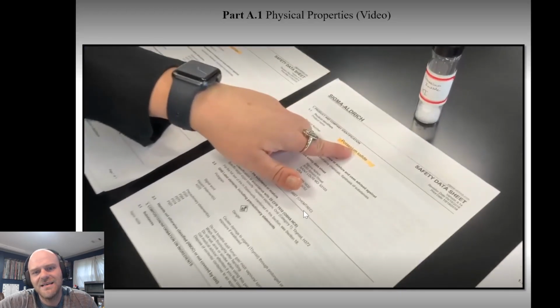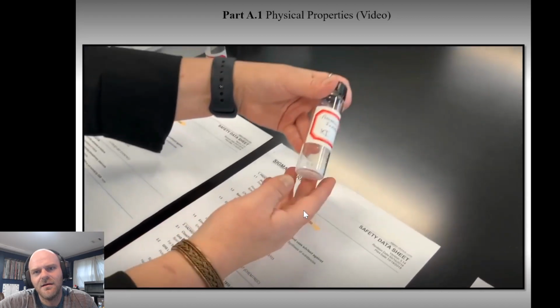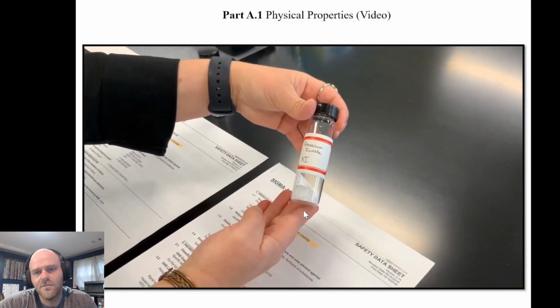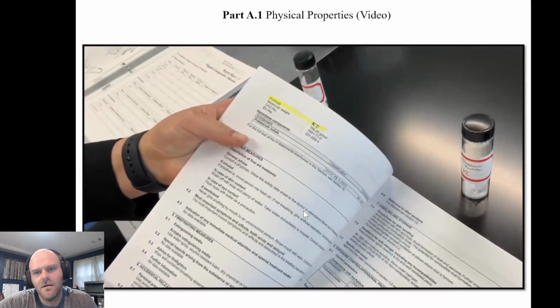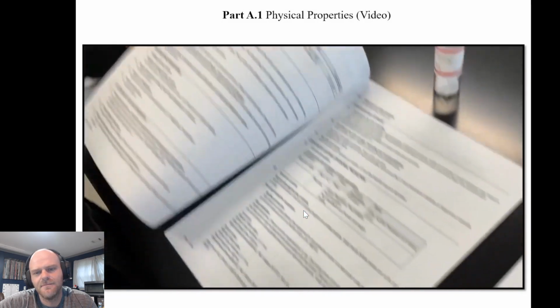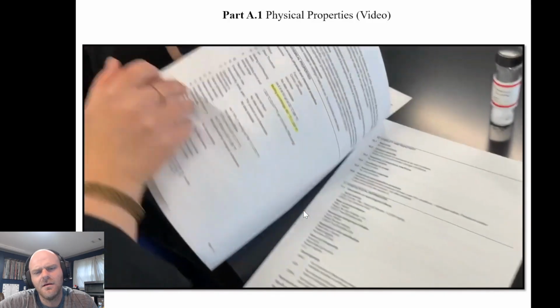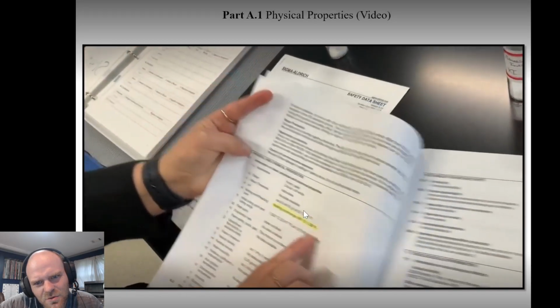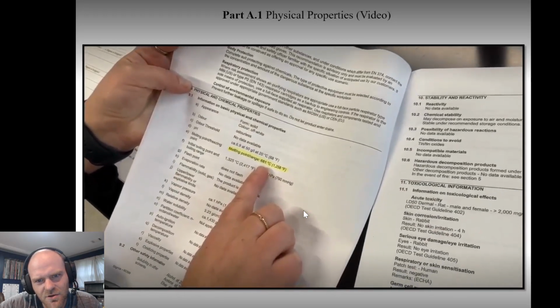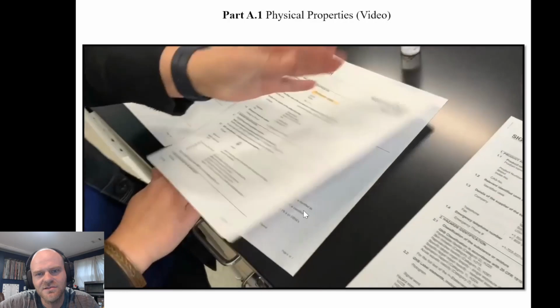Next up, we have potassium iodide. There is the chemical formula, KI. There it is again. And the melting point looks like 681 degrees Celsius. So also a very high melting point.